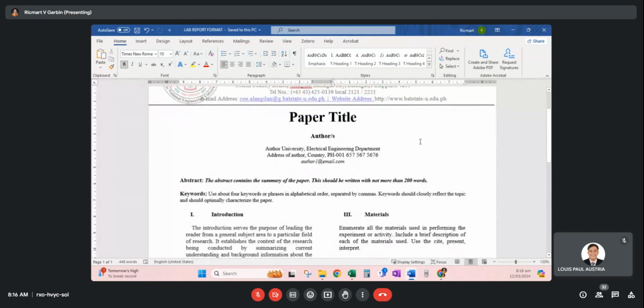Okay, so any questions about the format of the laboratory report? I will be sending this to Miss Abova since I will not be able to upload this on our Google Classroom due to insufficient storage. So sa class rep ko na lang siya isi-send, and Miss Abova paki-distribute na lang sa iyong mga kaklase.